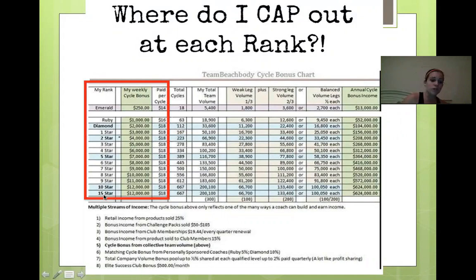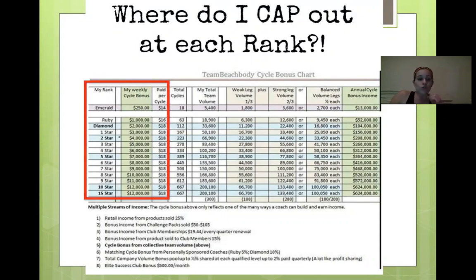She is a 15-star 3 times. So if she cycles that many times in each business center and she caps out at 12,000, she could be making $36,000 a week alone on her cycle bonuses, not to mention whatever her retail sales are, her fast start bonus, her quarterly bonus, and so on and so forth.